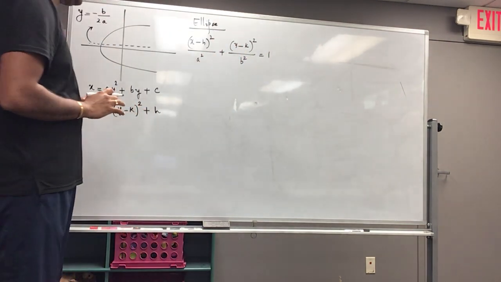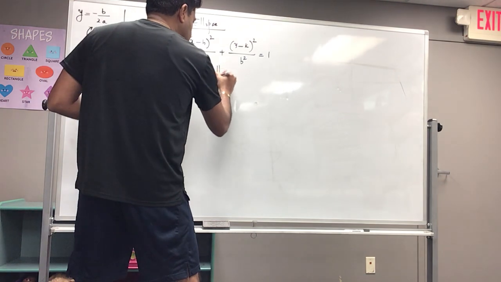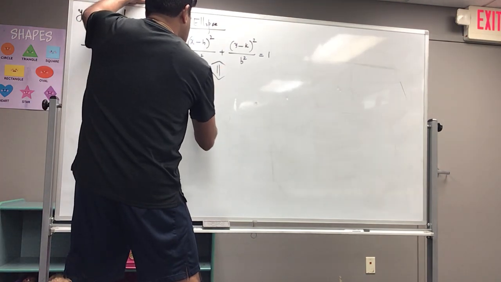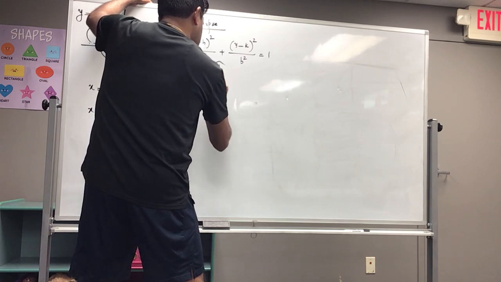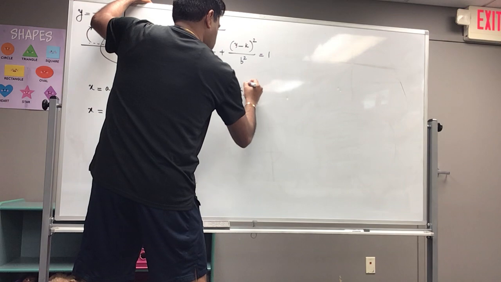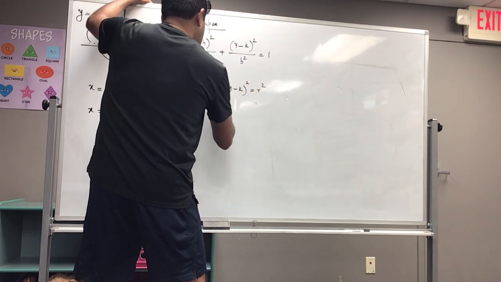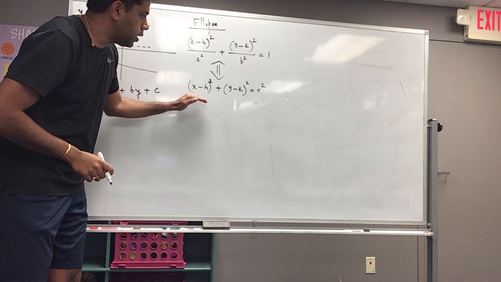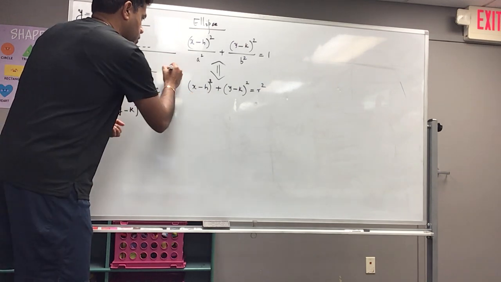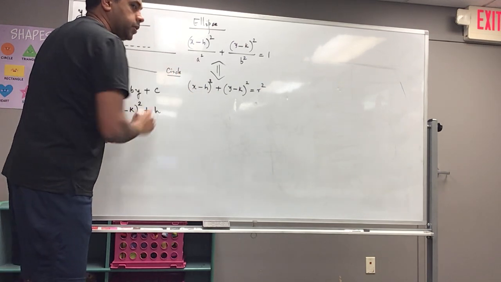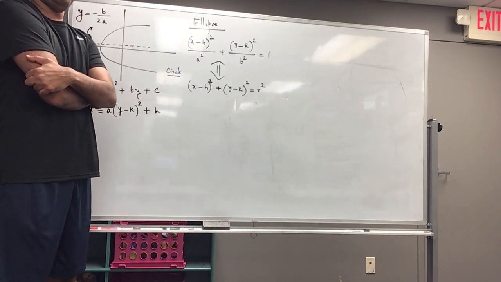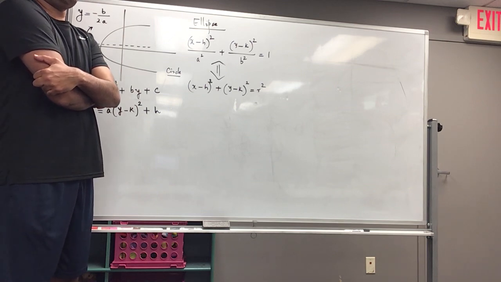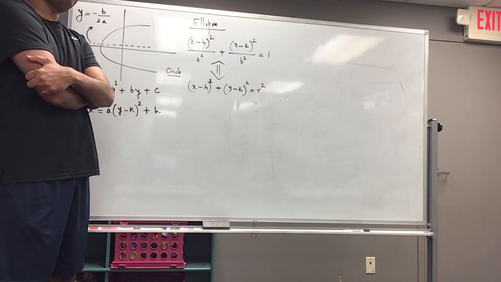And I want you to compare this with circle. This is circle. This is ellipse. What is the difference? Divided by a squared and b squared. What else?